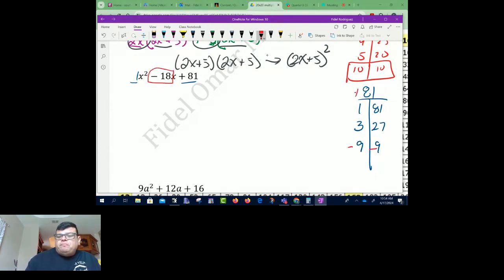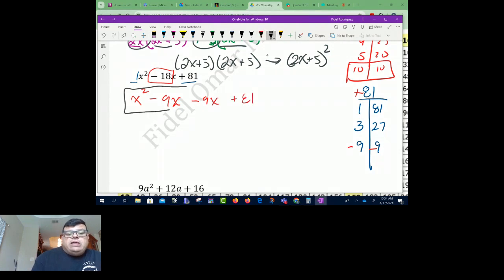So I'm going to make those both negative because I still get a positive 81, right? So look, y'all, we're going to write an x squared, a minus 9x and another minus 9x and a positive 81. From here, there's an x. We got an x minus 9.